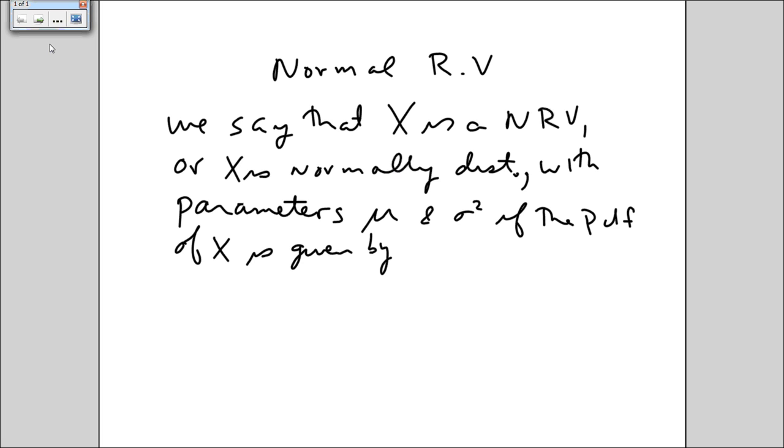So depending upon how the PDF is given, you have a uniform distribution, a normal distribution, a geometric distribution, etc. And f of x is 1 over the square root of 2 pi times sigma times e to the negative (x minus mu) squared over 2 sigma squared.